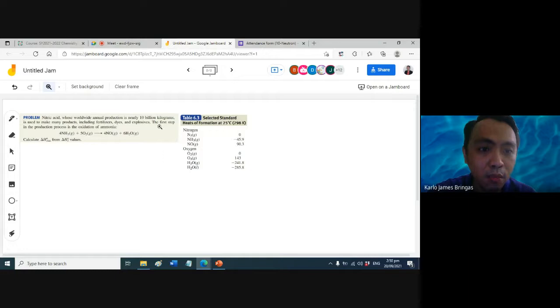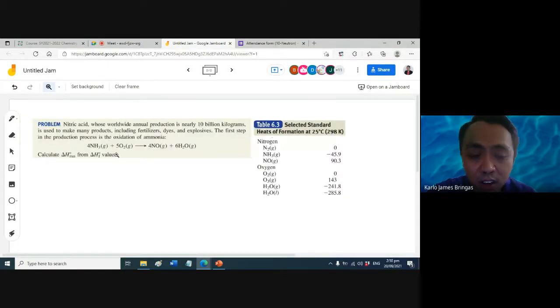The first step in the production process is the oxidation of ammonia, whose chemical equation is given below. So given the heats of formation na values, or the delta HF, so kindly compute for me ano bang delta H for this reaction?